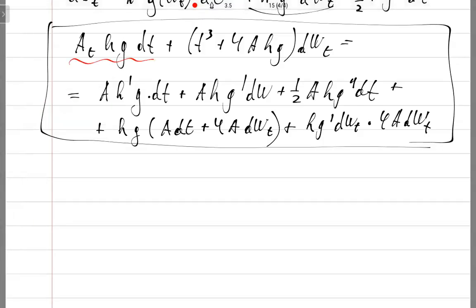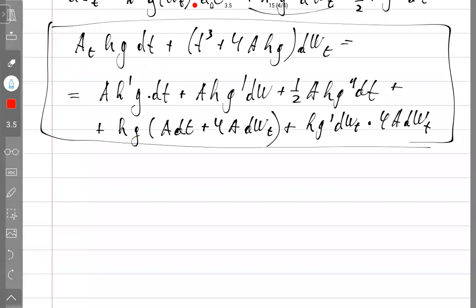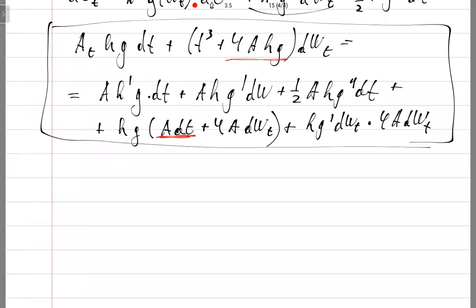The 4ahg term will simplify, and the first term in the same brackets will also simplify.